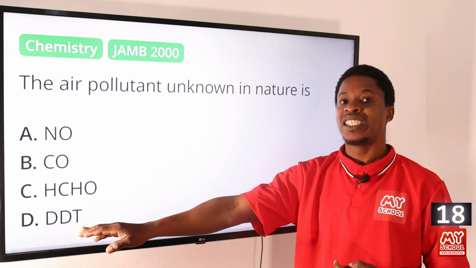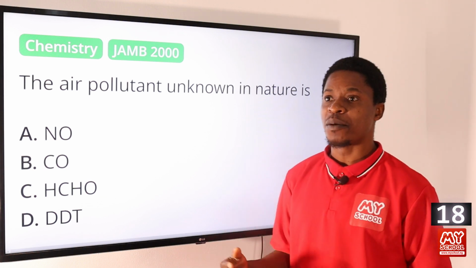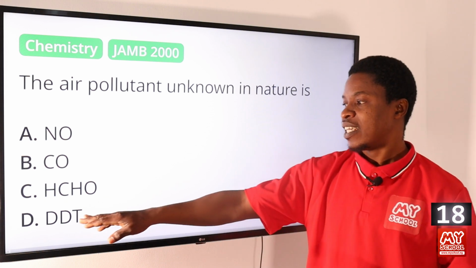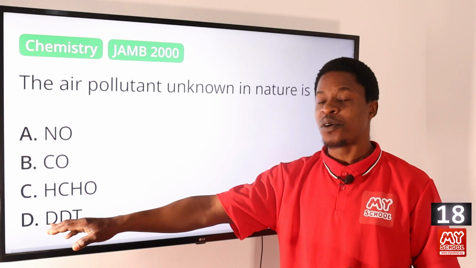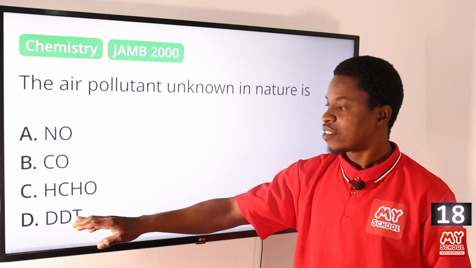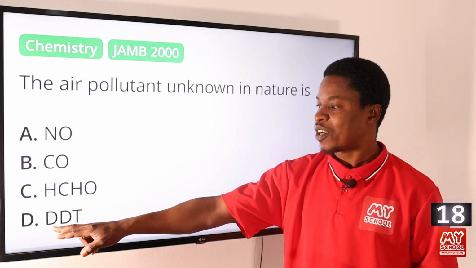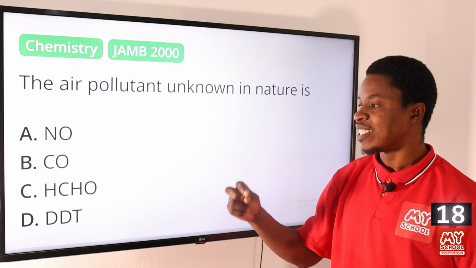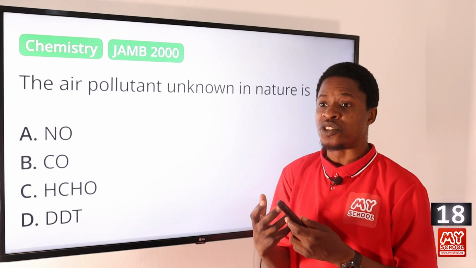But DDT is used for some years as an insecticide. DDT is just an abbreviation for the name dichlorodiphenyltrichloroethane, but you can't find it in nature. It is not natural, so it is produced.